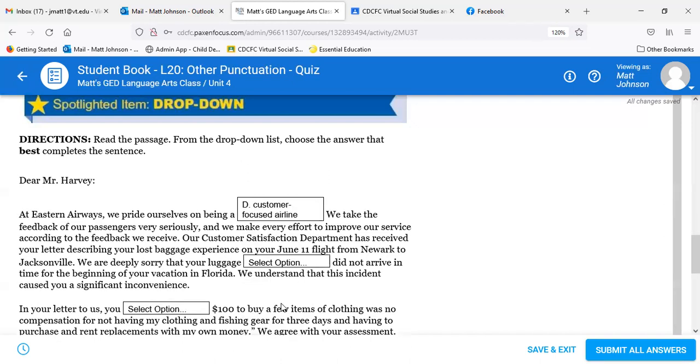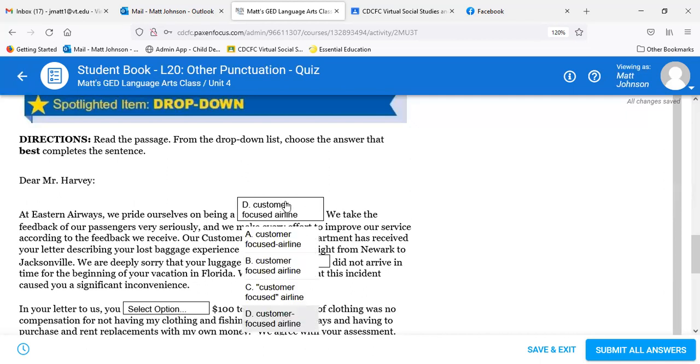So customer-focused airline. Just to mention here, consider the other options. Customer focused airline, B, you pretty much read it the same way, but you need a little punctuation there to figure out what's going on. Customer focused airline, right? That's incorrect. A, because that's hyphens in the wrong place.